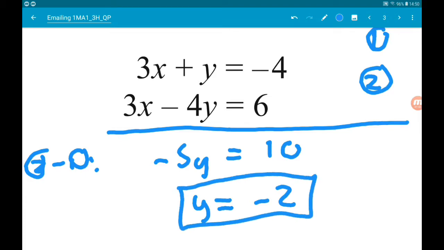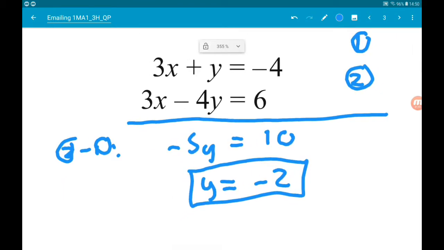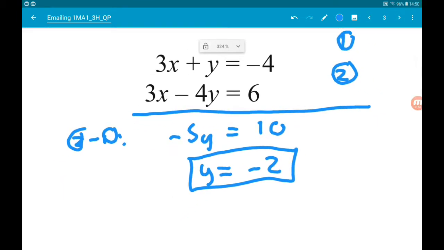Now that we know y, we can track down x. Substituting y is minus 2 into equation 1, we get 3x minus 2 is equal to minus 4.